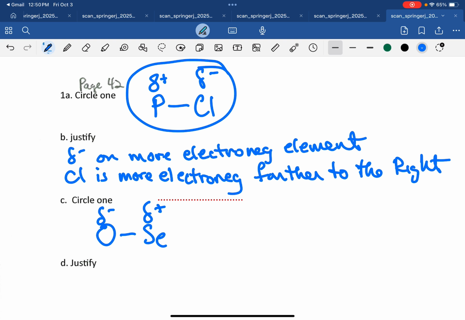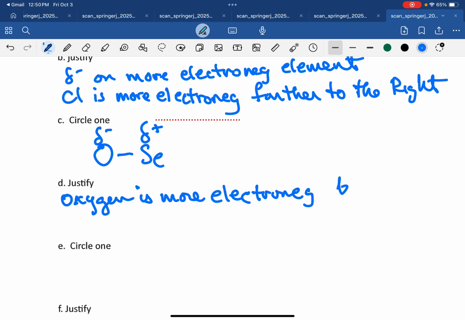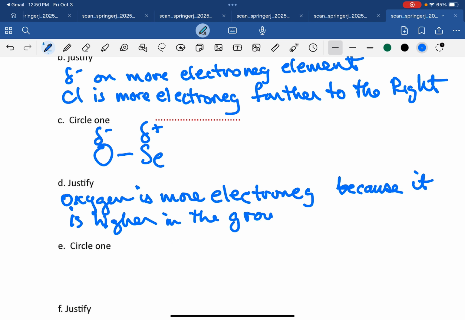And the reason we're circling that one to justify: oxygen is more electronegative because it's higher in the group on the periodic table.